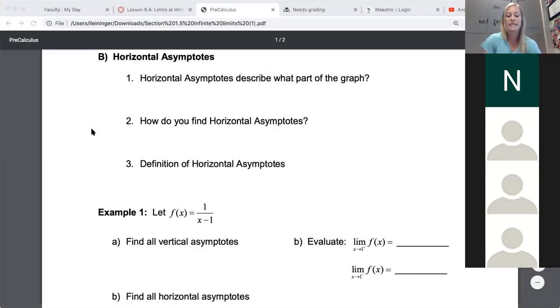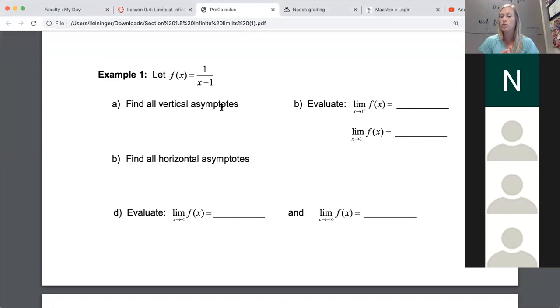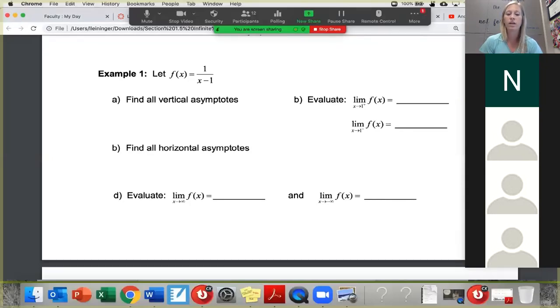Starting with an easy example, example 1 right here. I don't have to factor or do anything with this, but we can figure out what's going on without using a calculator. That's kind of the point of today: having parent function knowledge and a general idea of what the graph would look like. If you remember back to rational functions, we graphed these without a calculator.